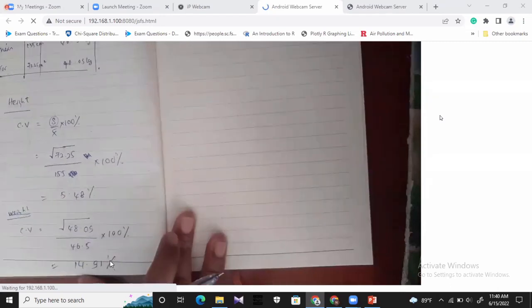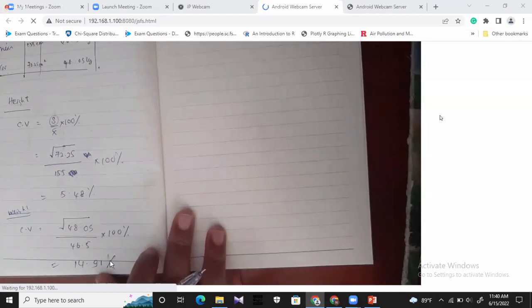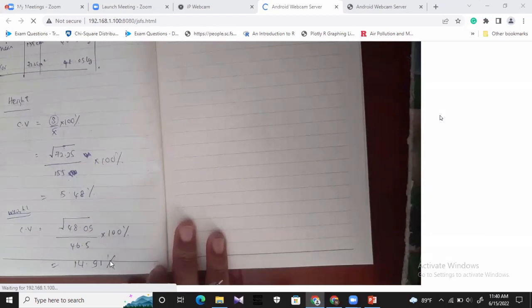After getting coefficient of variations for both height and weight variables, you have to compare these two terms because we need to find the variable which has more variability. Okay, so which one is the variable with highest variability?